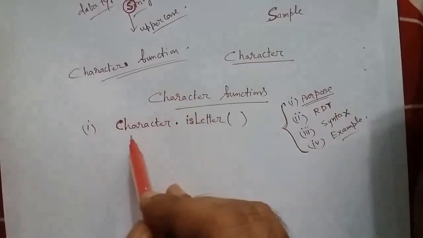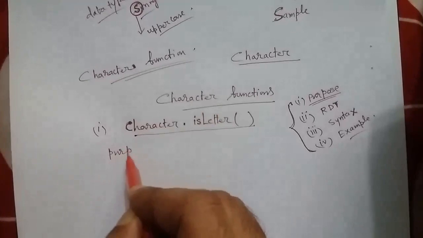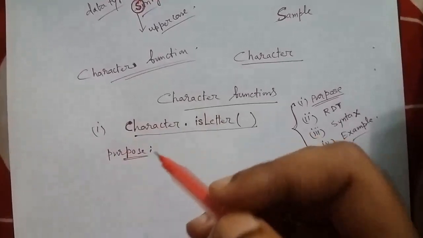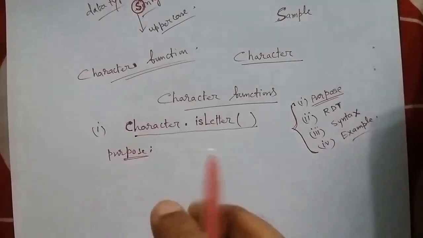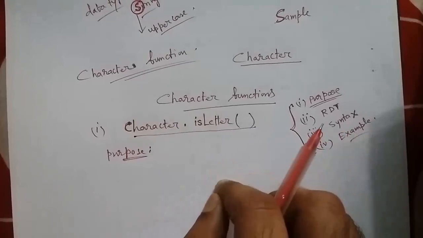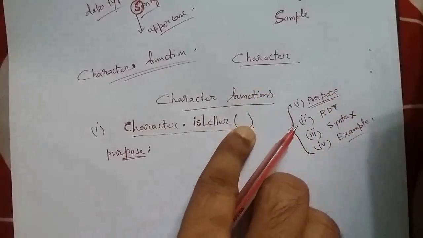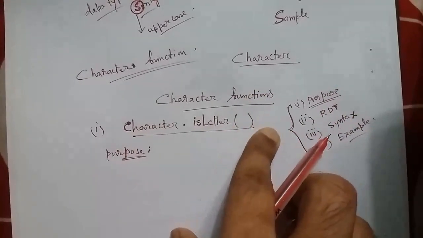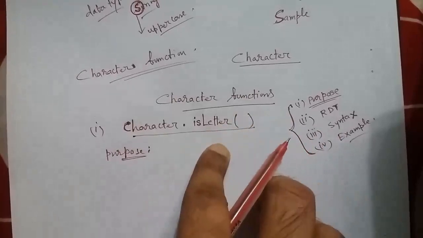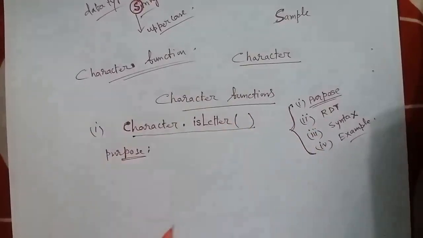Okay, so for Character.isLetter, at first we will know the purpose. I will not write the purpose, so I will tell you. So you must listen to my lectures. The Character.isLetter function is used to check whether a given argument is a letter or not. If the argument is a letter, it returns true. Otherwise, it returns false.